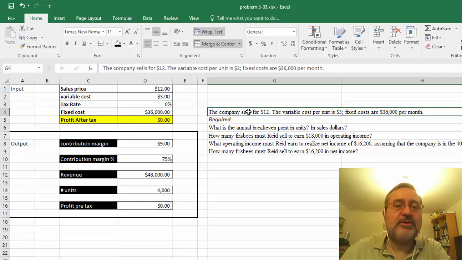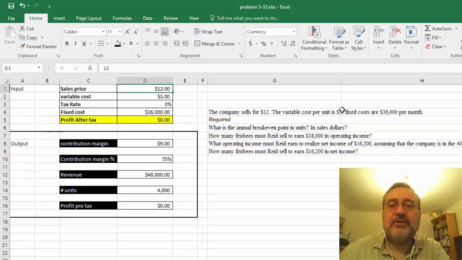Let's go through a specific problem, and the specific problem in this case is problem 3.8, I believe. So what we have here is the sales price is $12. The variable cost is $3. In this case, we're not really looking at a tax rate, but the fixed cost is $36,000. And in terms of the output, the contribution margin is $9.